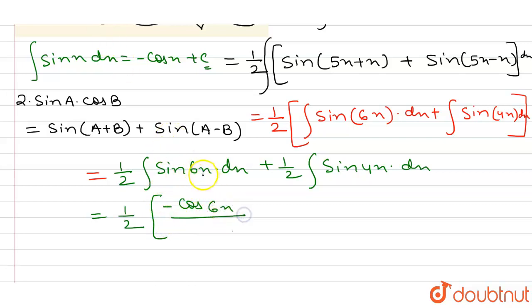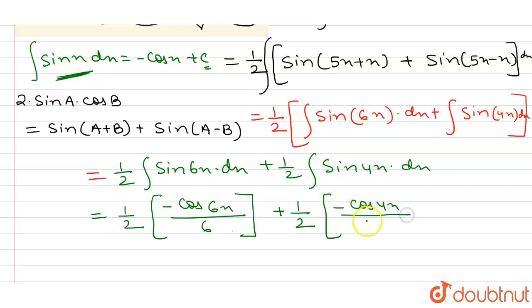Then I simply divide it by the coefficient of x, that is 6 here, so I divide it by 6. Similarly, the integration of this is 1 by 2 into minus cos 4x. Here x is 4x, by comparing this form, and I have to divide it by the coefficient of x, that is 4, plus c.